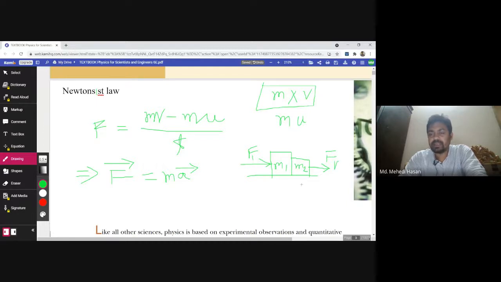That means a particular amount of force is acting on m2 from m1, and also on m1 in the opposite direction there is a force acting, which is basically F21. So the relation between F12 and F21 is they are equal and opposite.